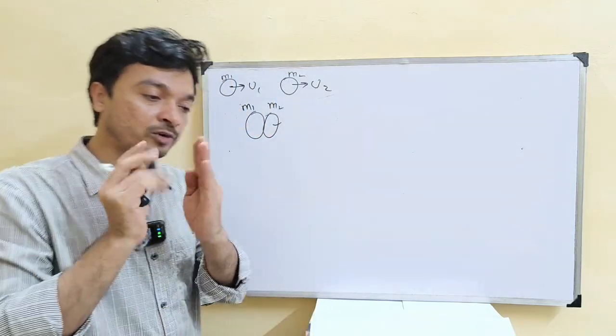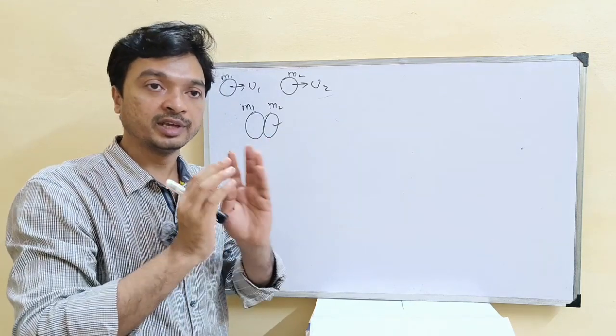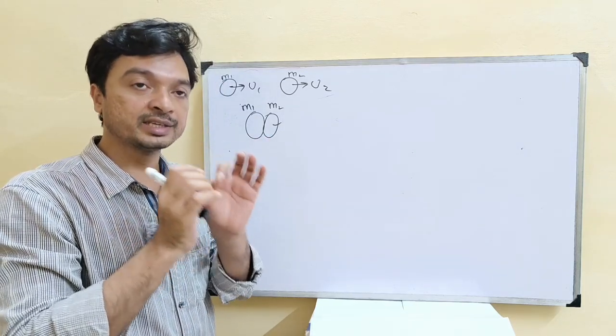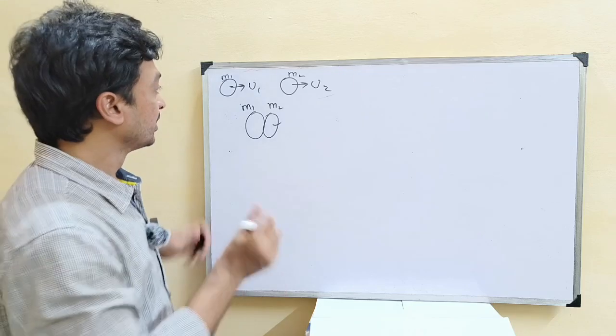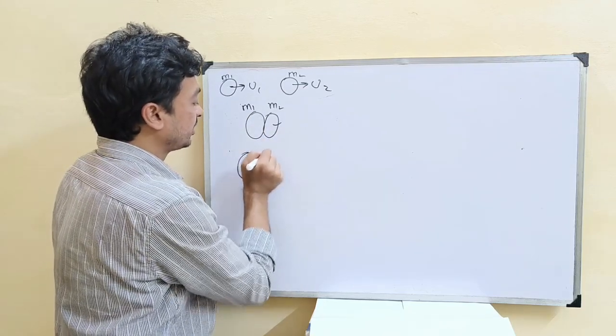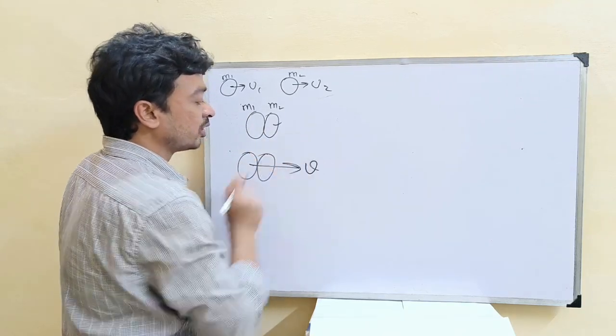Both the bodies will move with common velocity after collision. It will not regain its shape even slightly. So both the objects will move together with common velocity.